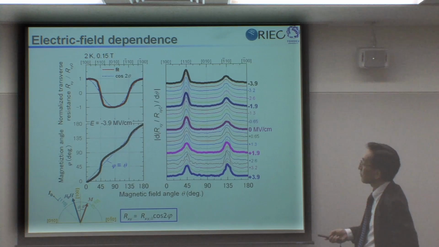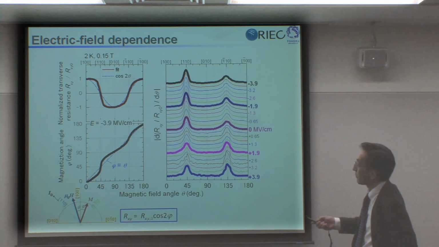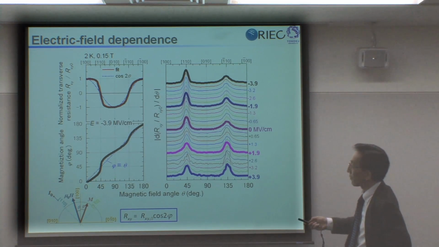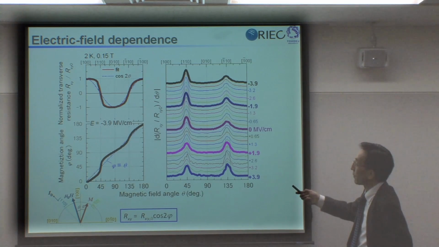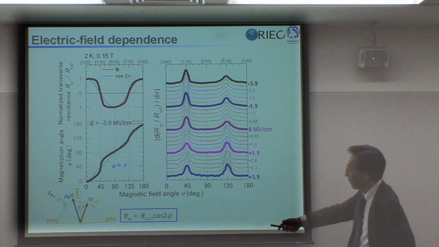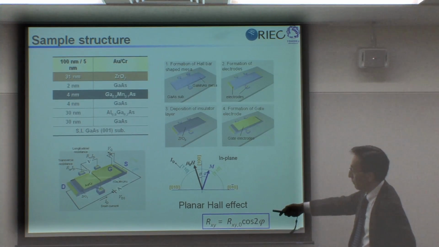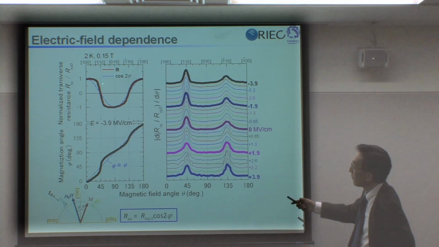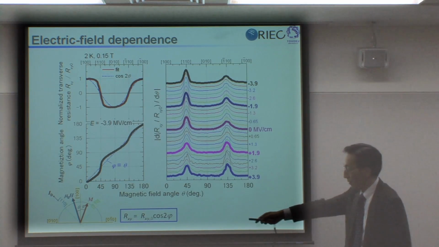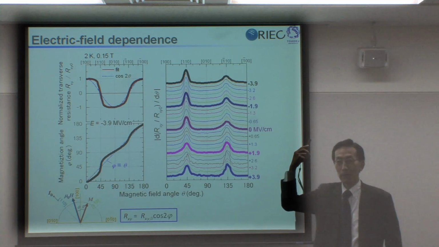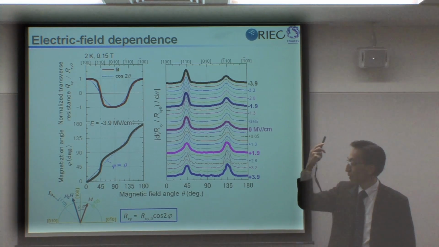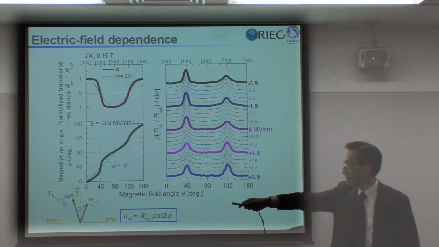So here is the result. We first apply magnetic field in plane. We have in-plane magnetic field, and we rotate it about the axis perpendicular to the sample. So we rotate the magnetic field.